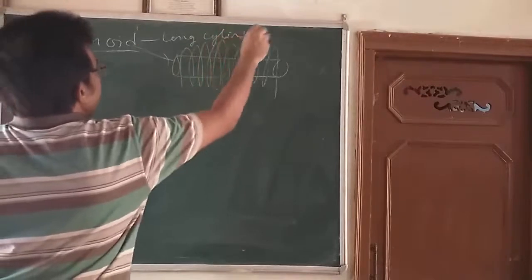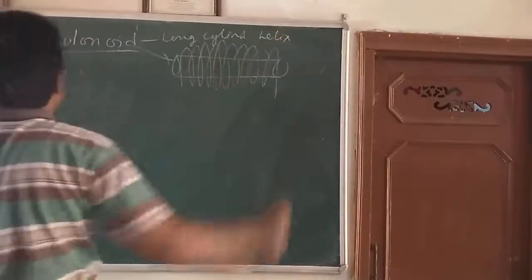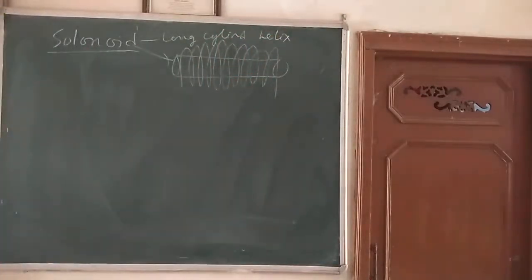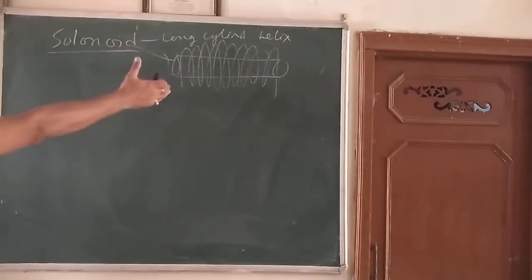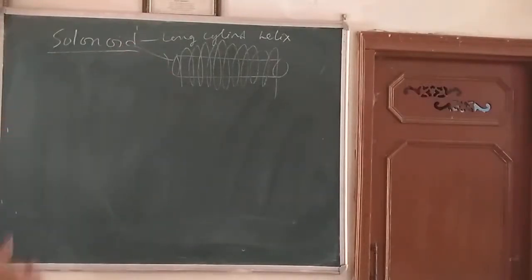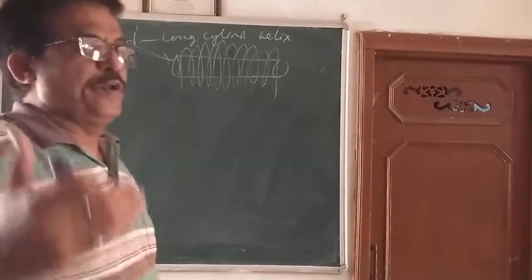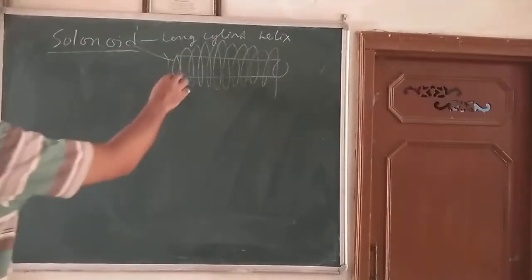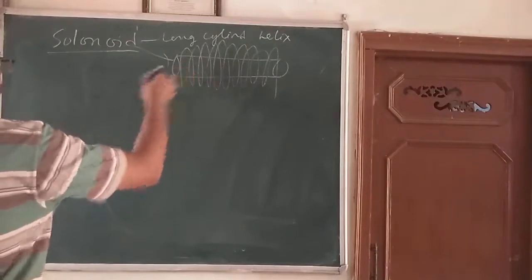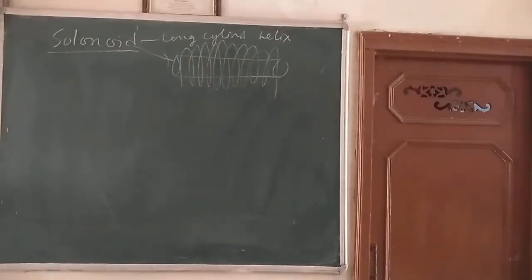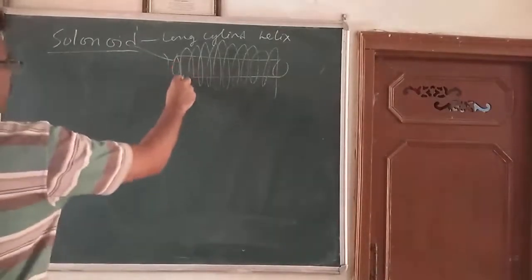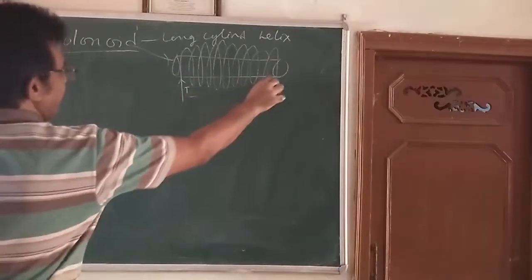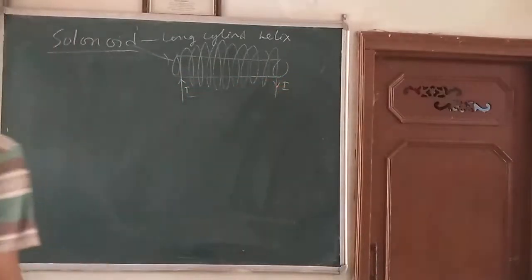It is made by winding closely a large number of turns of an insulated copper wire in this manner over a tube of cardboard, and suppose an electric current I is passed through it, and current I is leaving from here.